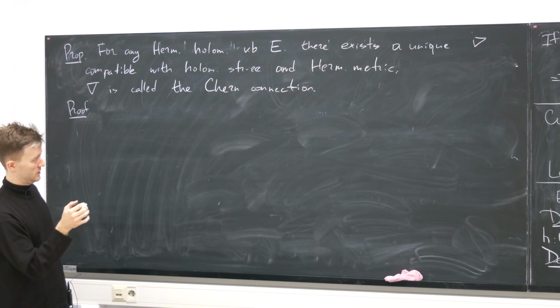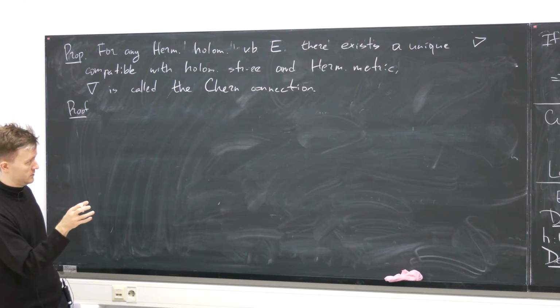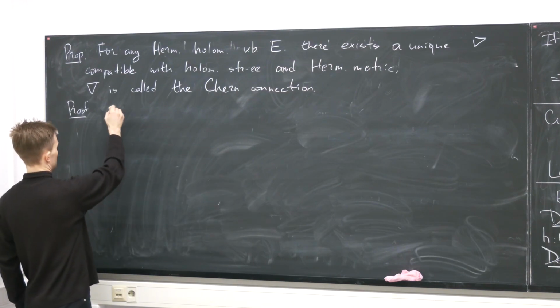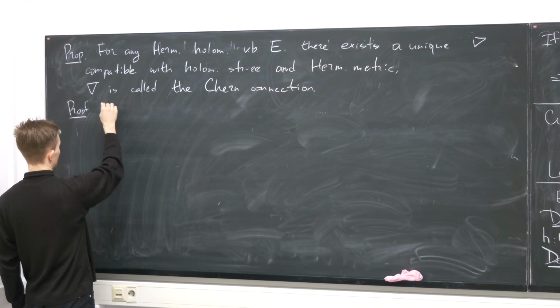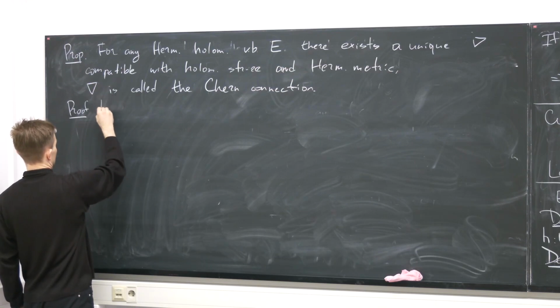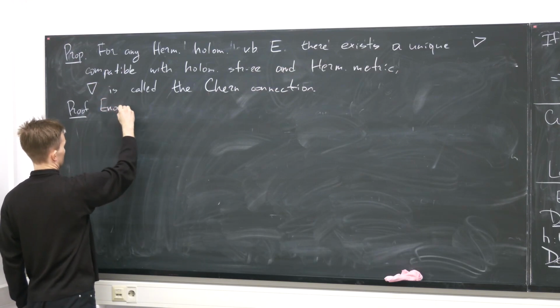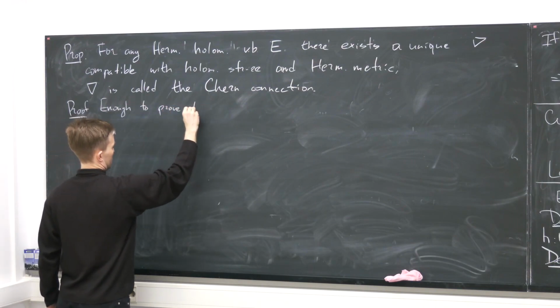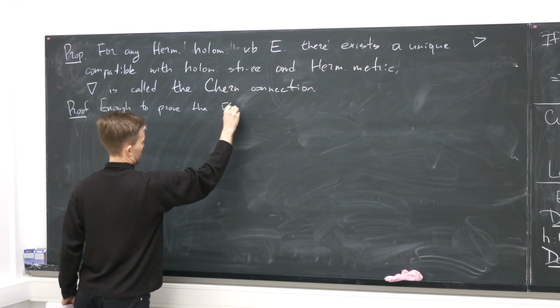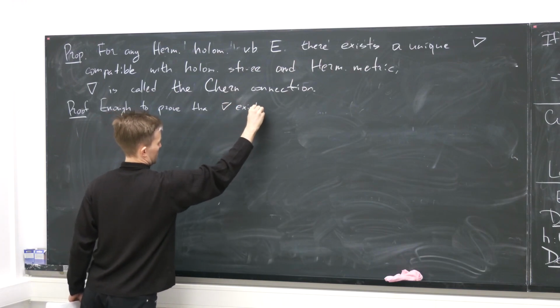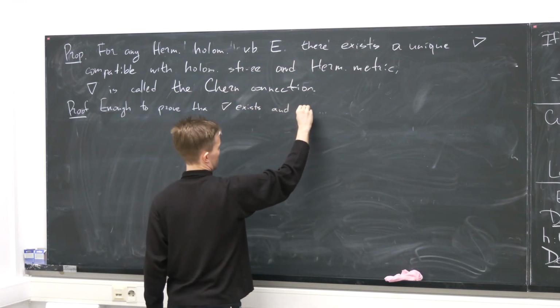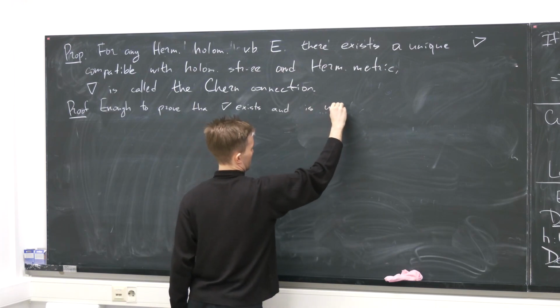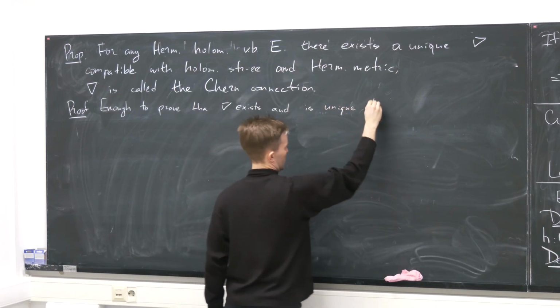On the intersections of the open subsets, the restrictions of those local connections will coincide because of the uniqueness. So it is enough to prove that nabla exists and is unique locally.